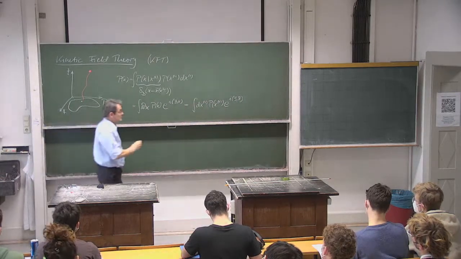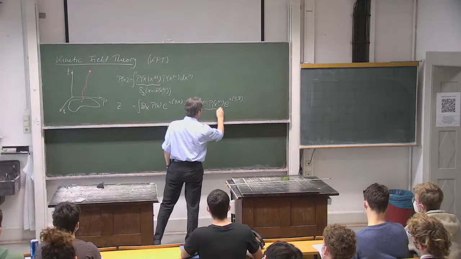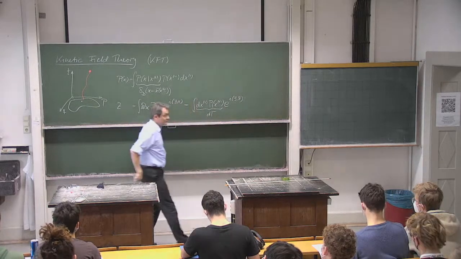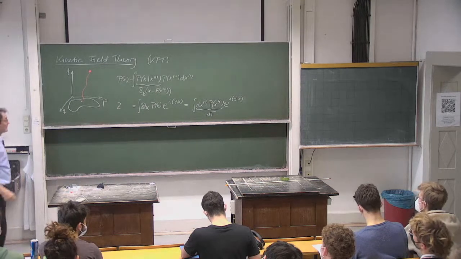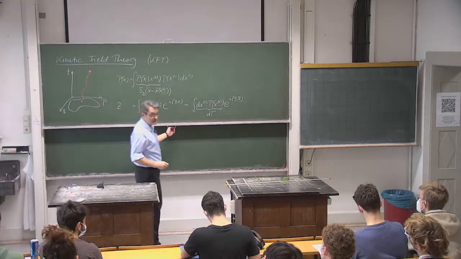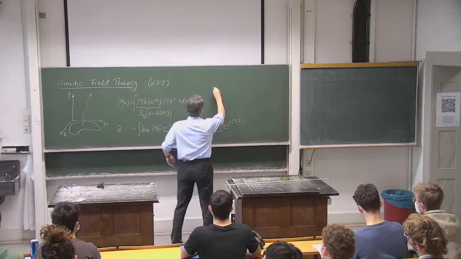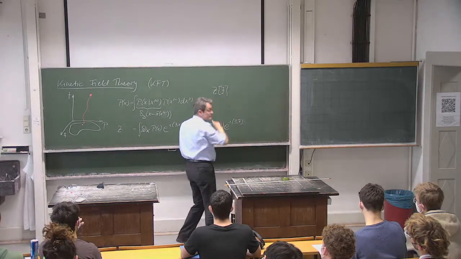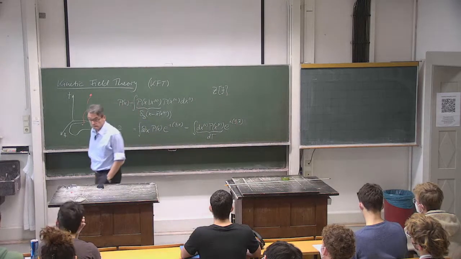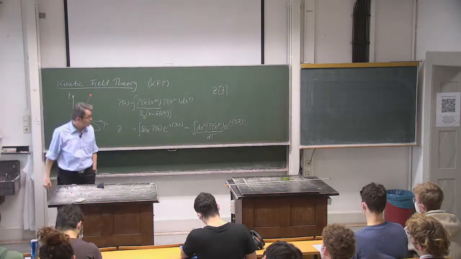And I'm abbreviating this initial phase space measure as d gamma. And so we have our generating functional for kinetic field theory as a functional. I'm going to say a few more words about this.